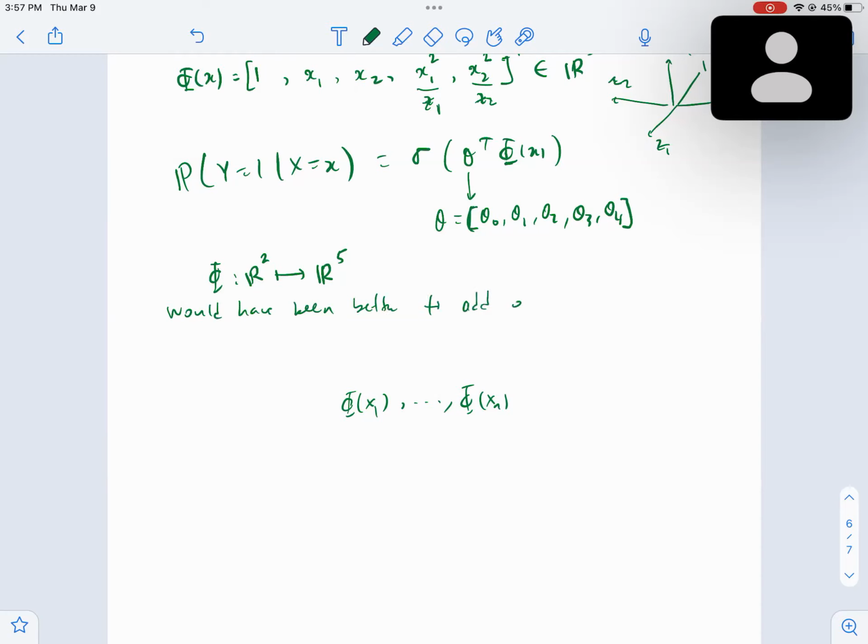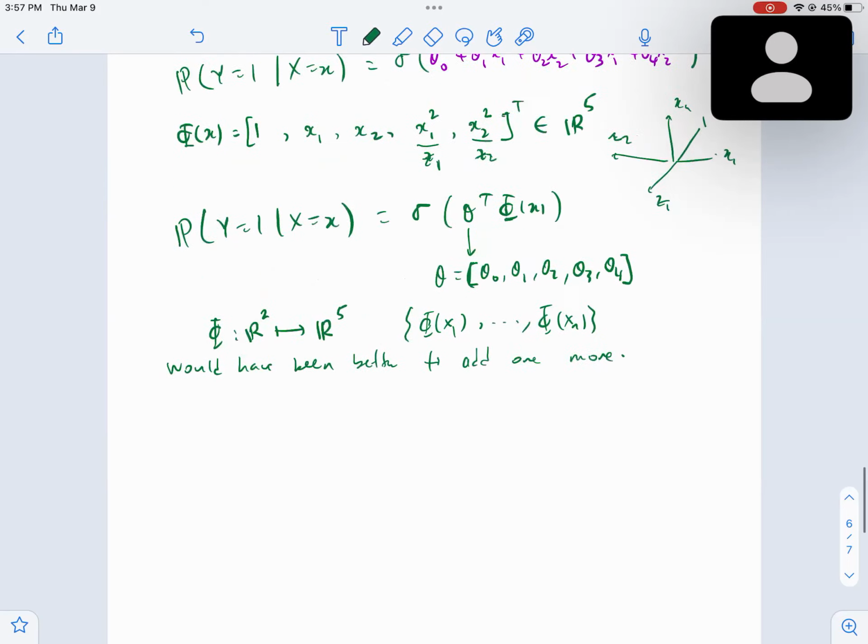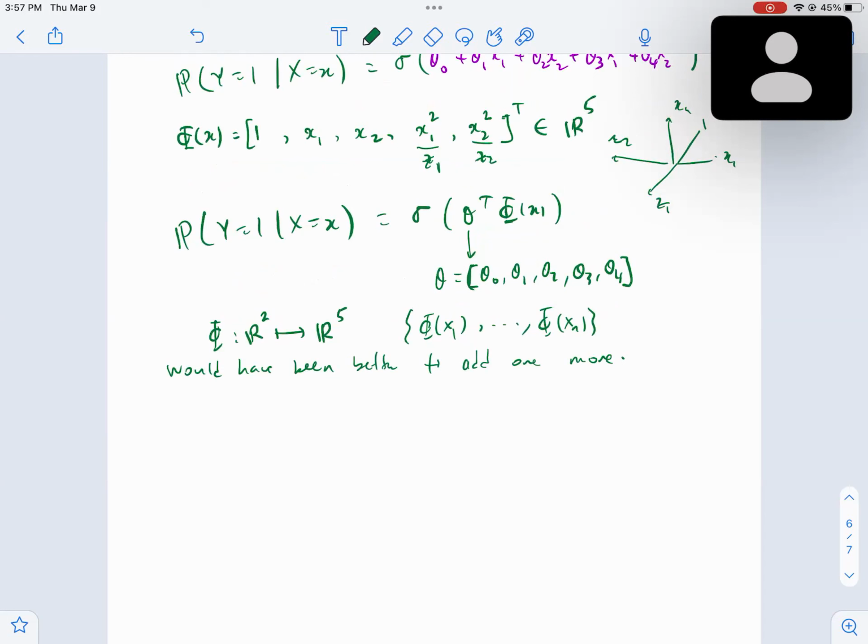Anyone knows what would be the one that we would good to include? One, x1, x2, x1 squared, x2 squared.